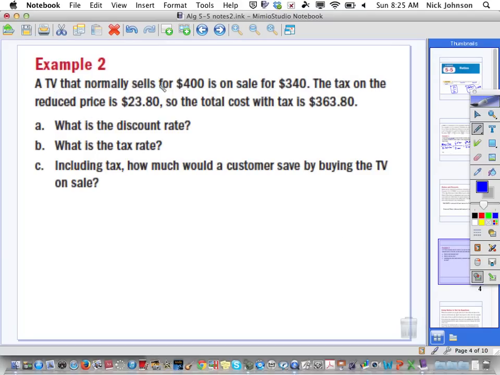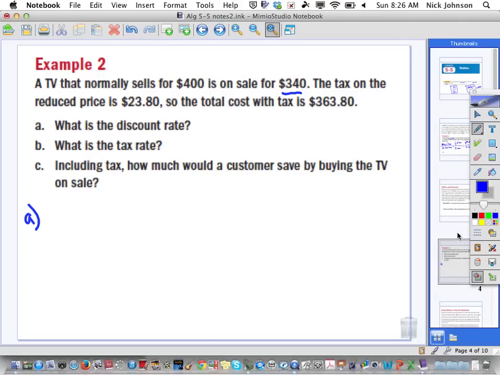A TV that normally sells for $400 is on sale for $340. The tax on the reduced price is $23.80. So the total cost with tax is $363.80. Okay? A says, what is the discount rate?